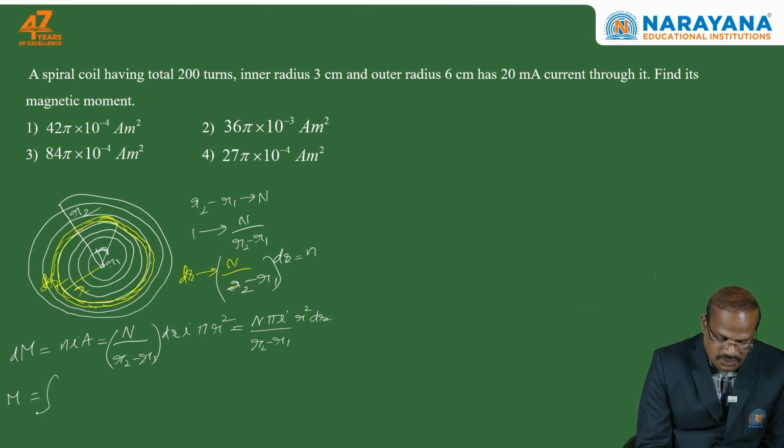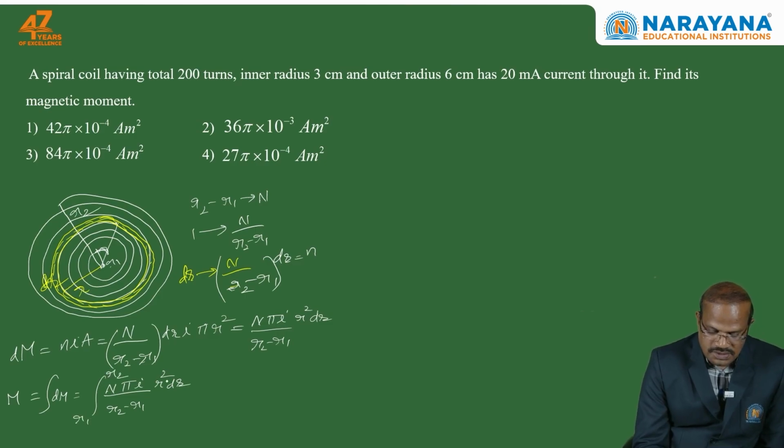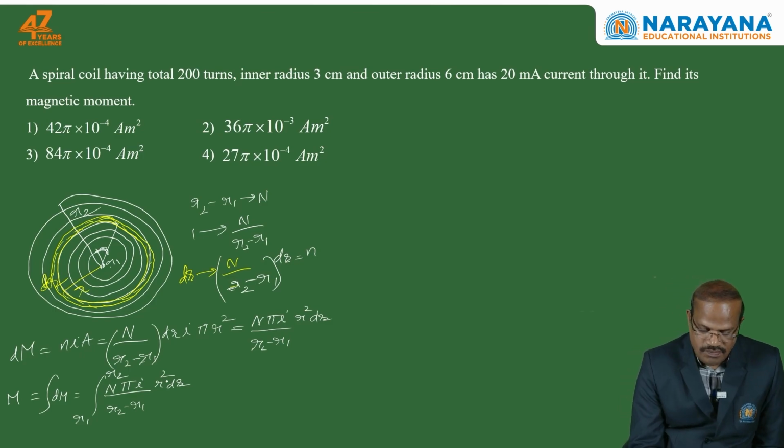Then what is the total magnetic moment of this coil? M equals integral dm, that is integral N pi I by R2 minus R1 into r square dr, and we are integrating it from R1 to R2, that is r is changing from R1 to R2.